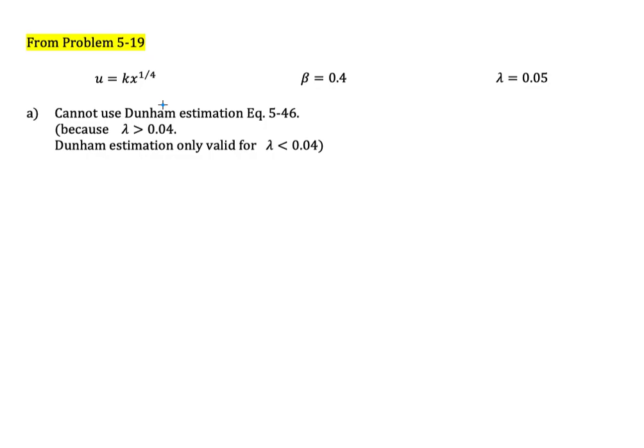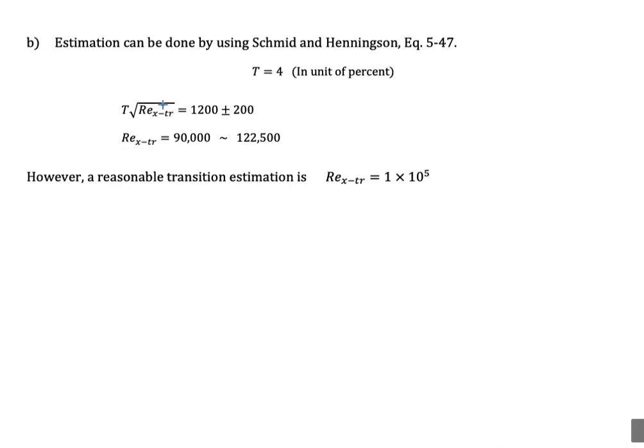Because lambda is greater than 0.04, we cannot use the Dunham estimation, because the Dunham estimation is only valid for lambda less than 0.04. For turbulence intensity more than 1%, we are advised to use the estimation by Schmidt and Henningsen with equation 5.47.